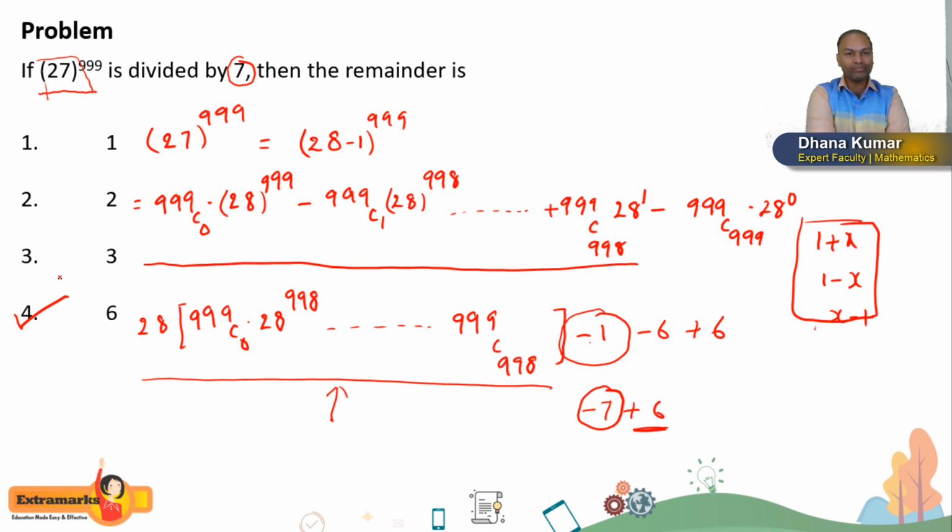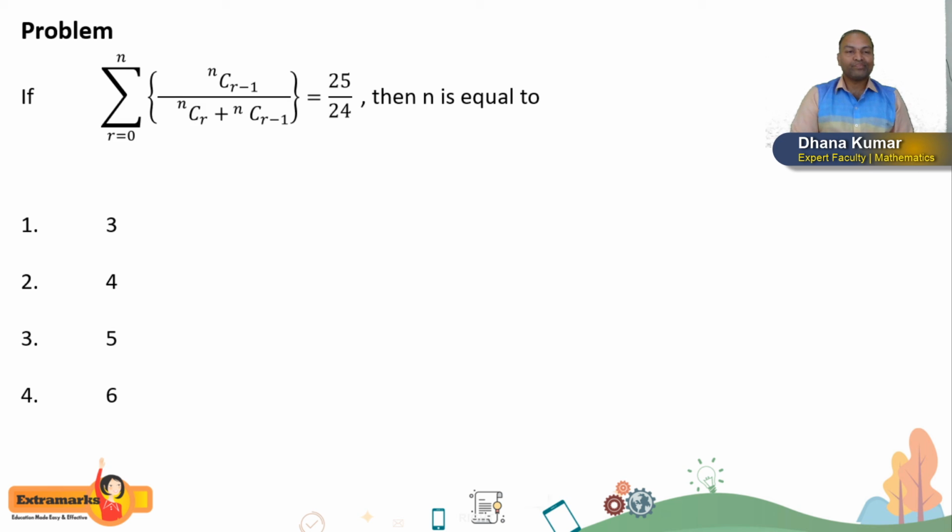Now understood the problem? Right. Now let us come to one more question. Sigma r ranges from 0 to n, nCr minus 1 by nCr plus nCr minus 1 is equal to 25 by 24. Then find n.